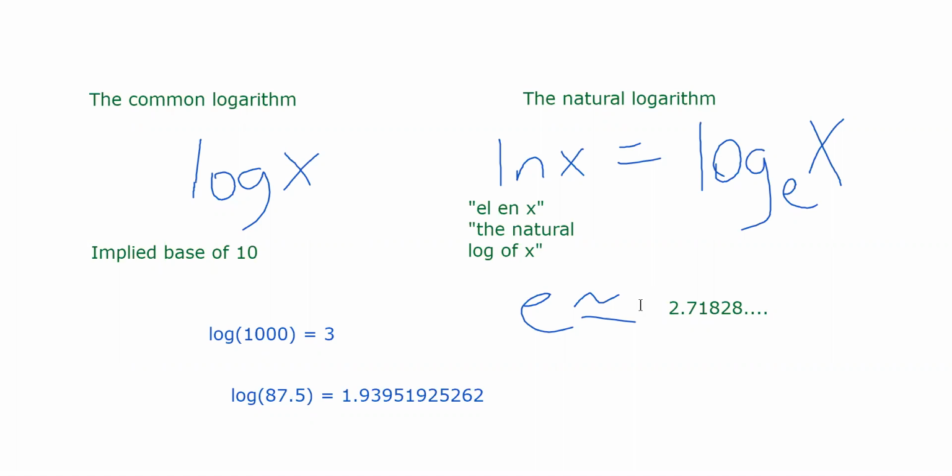Well, it turns out e is a very famous, super important constant in mathematics. It was discovered by one of the most important mathematicians of all time, Leonhard Euler, or at least he was one of the ones to really formalize it.